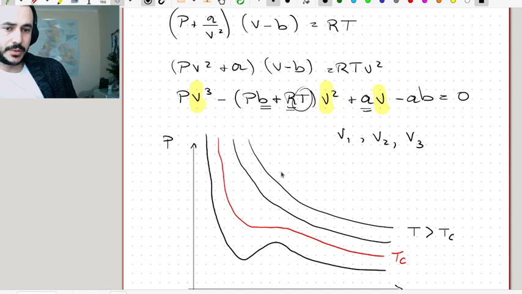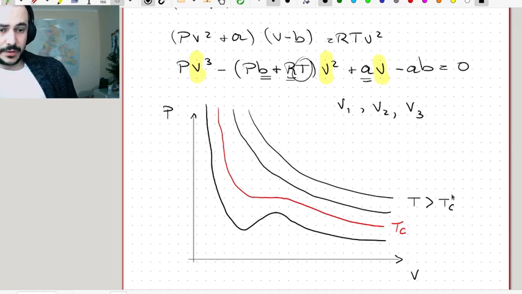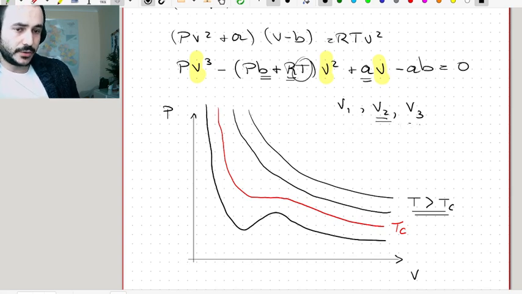So if we replace numbers, if we take some a and b for some specific gas, the constants, and we keep changing the temperatures, and we numerically solve this cubic equation, we will find that, for instance, at large temperatures, which are larger than this Tc temperature, or critical temperature, for any value of pressure, we will always have only one real solution of this. And the other two solutions will be complex, and they will be complex conjugates of one another.